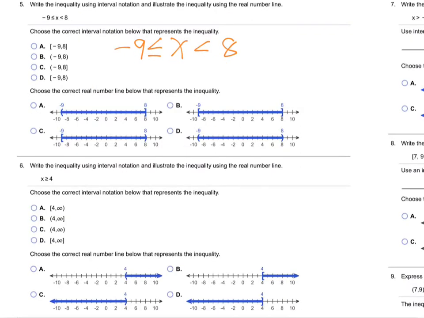All right. So number 5, then. They're giving us that, and they want us to go to the right graph and the right interval. Let's do the interval first. So how do you write that? Can you write that as an interval? I'll let you do that.